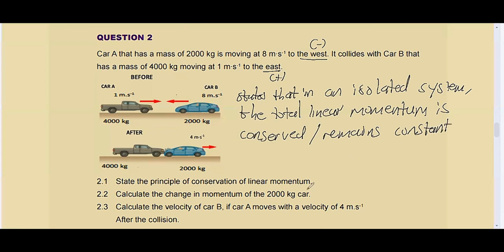So either way, it's correct. It states that in an isolated system, the total linear momentum is conserved, or you can say it remains constant. Right. So that in an exam situation would have given you 2 marks.